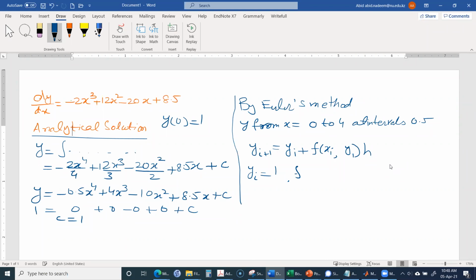And what is f of x_i? What is x_i? x_i is 0. Okay, f of 0, and y_i is 1. So what is f(0, 1)? Because this is the equation given, the value of x will be put as 0, 0, 0. Okay, and then it will be 8.5, and h is equal to 0.5, which is the interval.